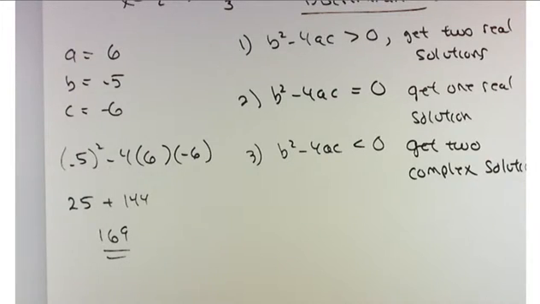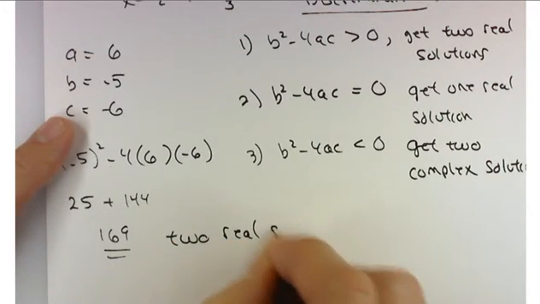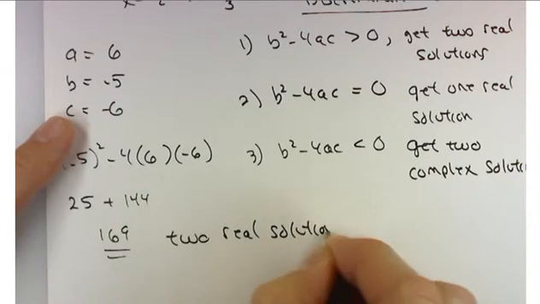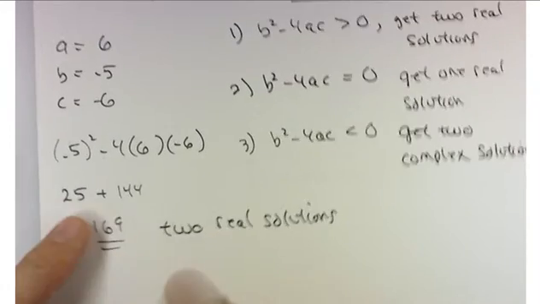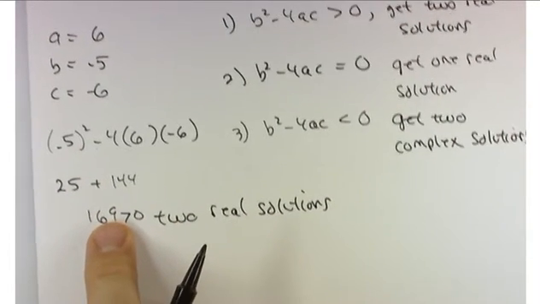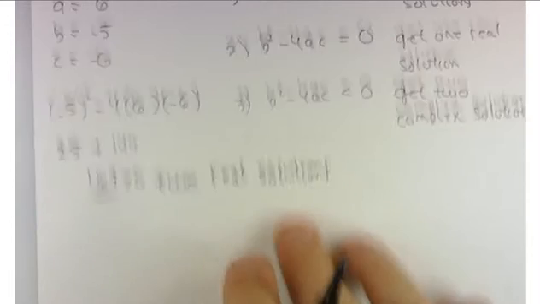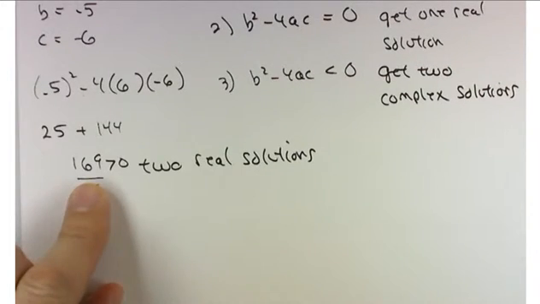So that tells me two things. The first thing it tells me, what answers the problem, is that I'm going to get two real solutions. I know that because this is greater than 0. But I get a bonus here. Because that's a nice perfect square, because 169 is one of those numbers on the left-hand side board, I know that this would actually factor if I took the time to factor it.